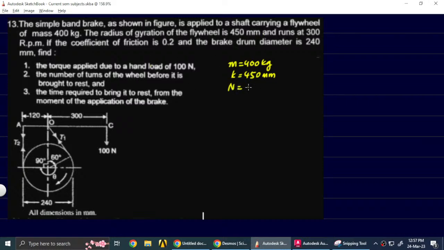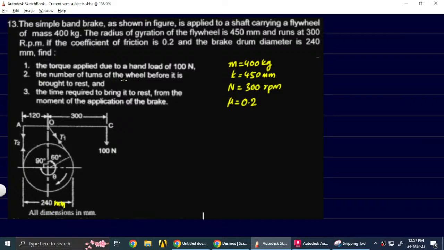So the n value for the drum is 300 rpm. The coefficient of friction is given, that is 0.2, and the diameter of the brake drum is given over here, that is 240 mm.